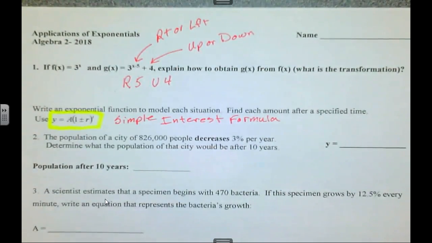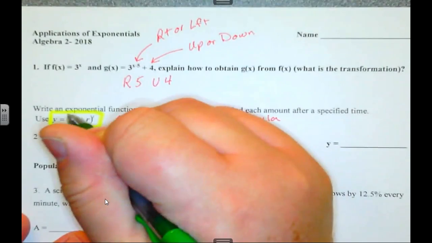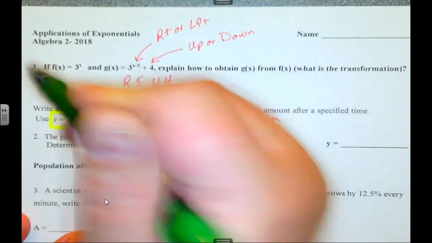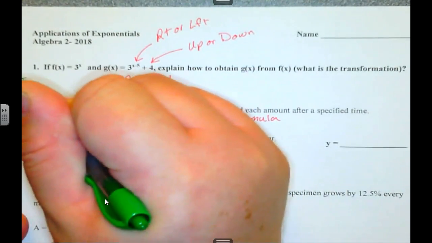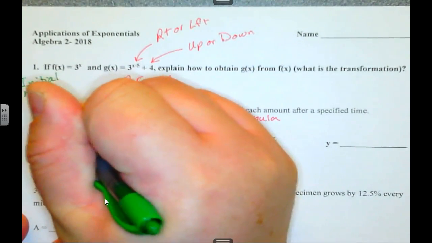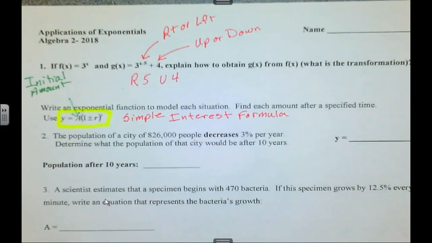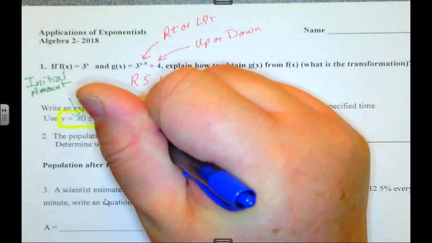Anybody remember what the A is? The A is your starting amount, initial amount. Anybody remember what the R is? That's right, rate.